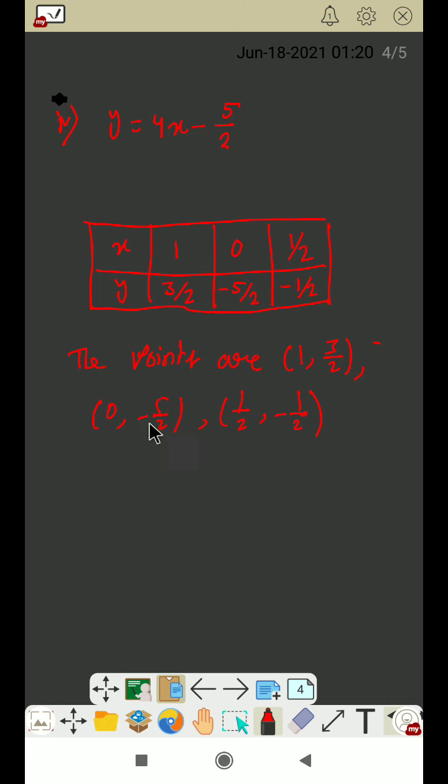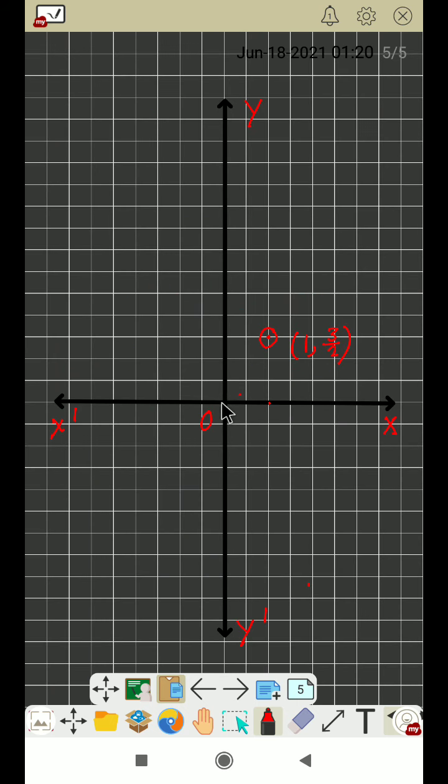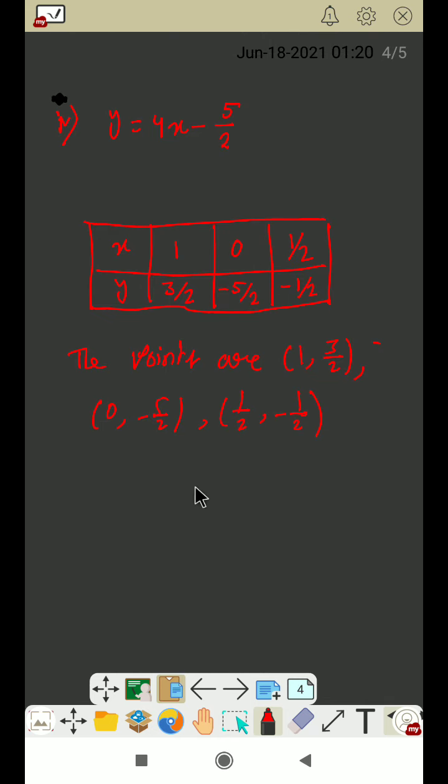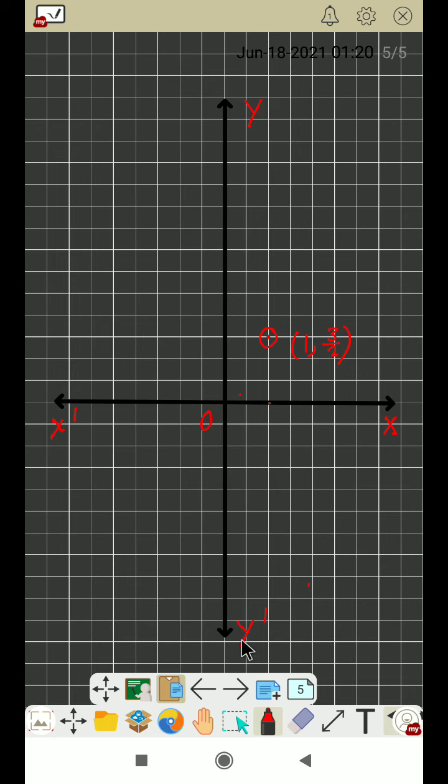Now the next one given here is 0 comma minus 5 by 2. Firstly 0 is given, so you will not go to the right hand side and not go to the left hand side. Now the y-coordinate is minus 5 by 2. So you have to go 5 units in the negative direction of the y-axis. That means this will be 1, 2, 3, 4, 5.